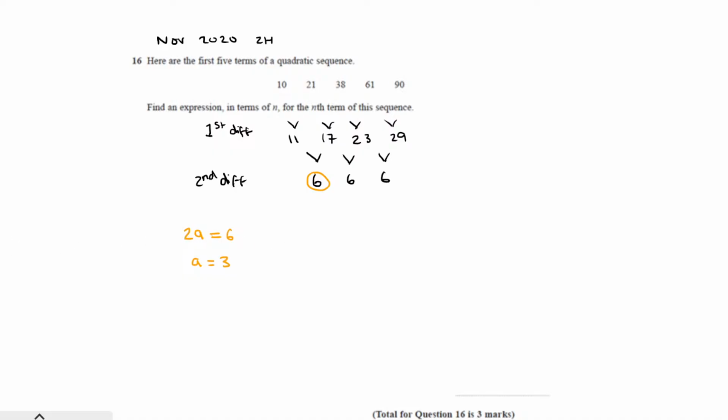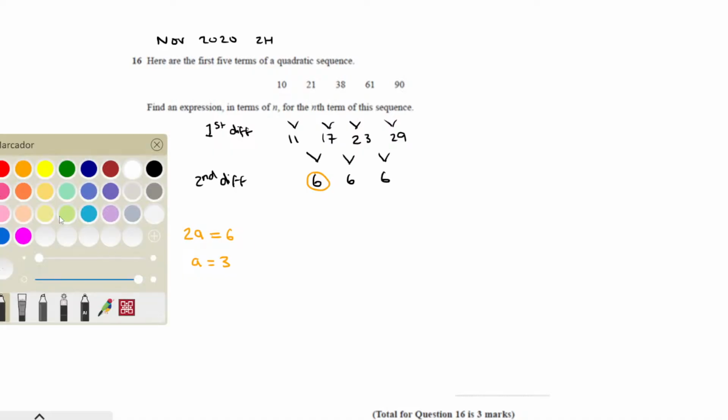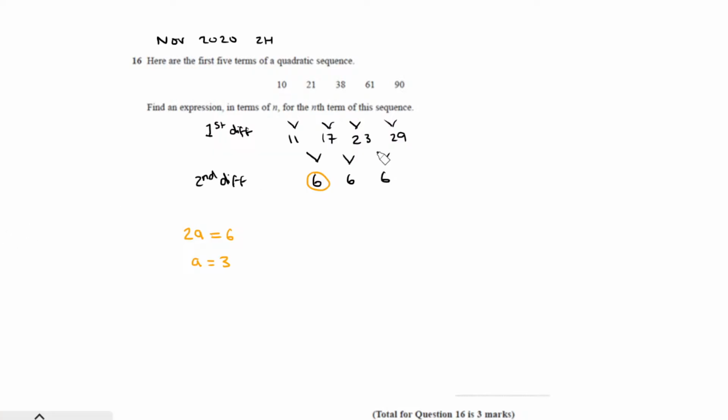Then what we do is we jump back up. Let me get a different color. You always stick on this left-hand side, right? Jump back up. Your first difference, but it has to be on the left-hand side. It can't be the 17, the 20. It has to be this one over here, right? That one you have to memorize is equal to 3a plus b.